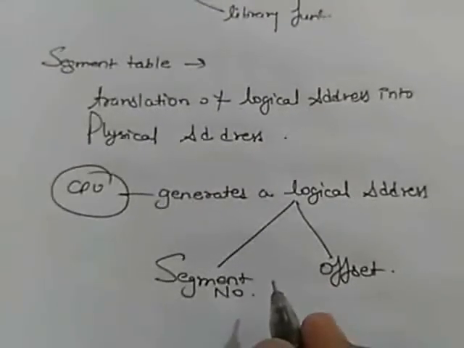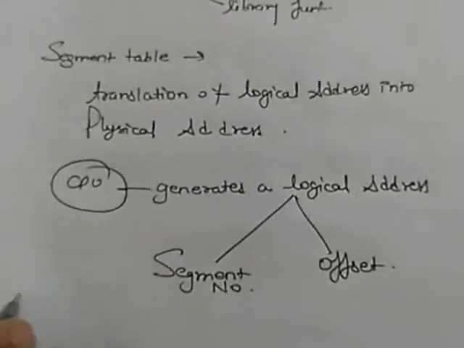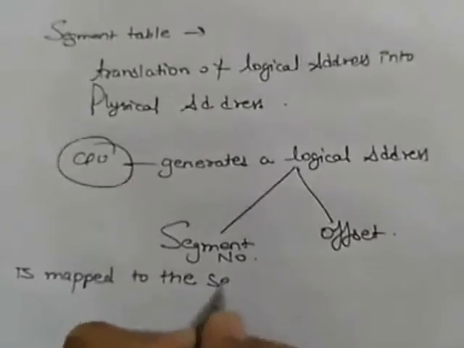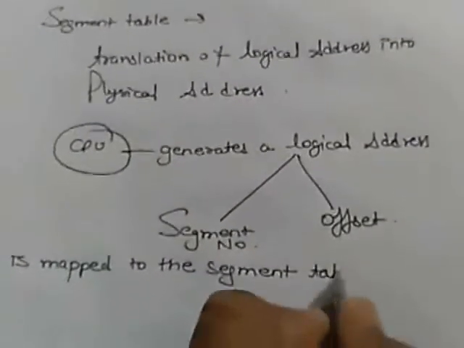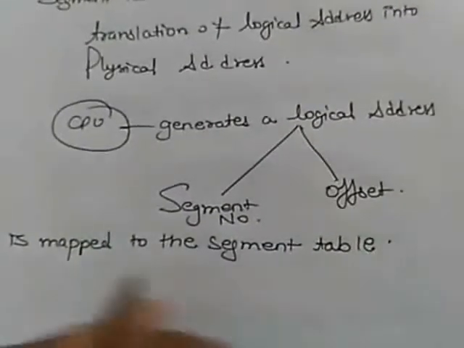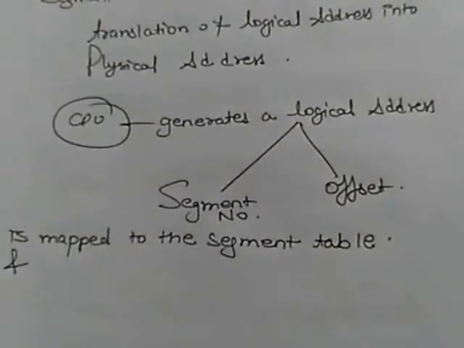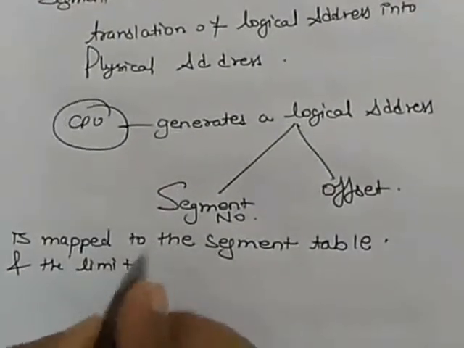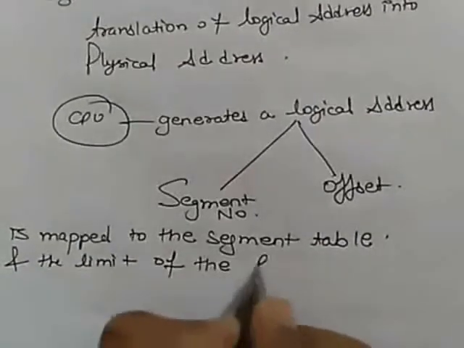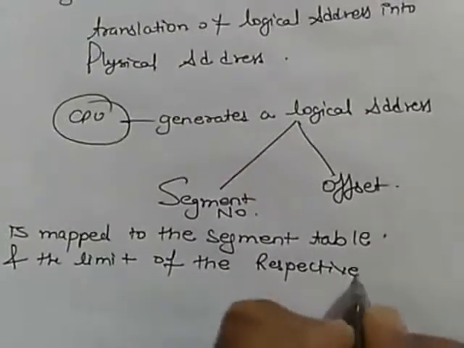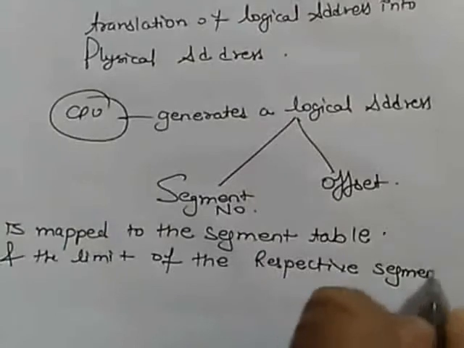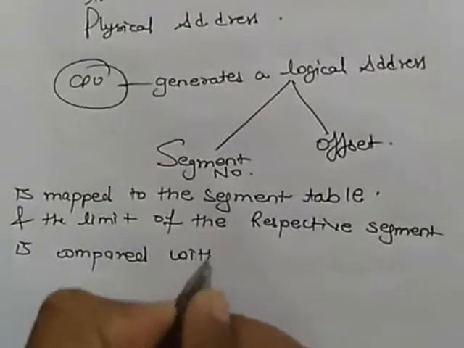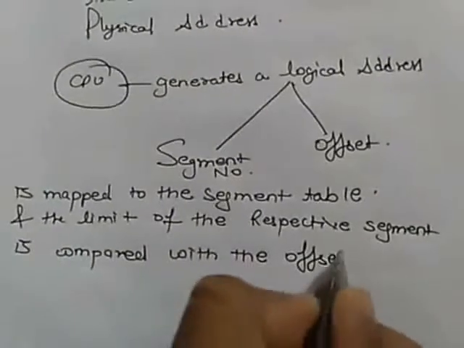So the segment number is mapped to the segment table, and the limit of the respective segment is compared with the offset.